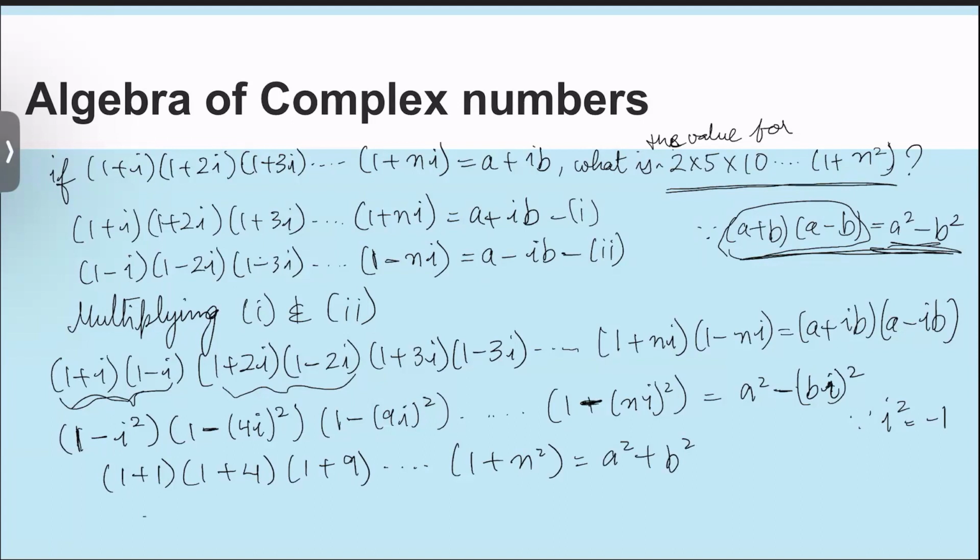Now you can write this in the form that is asked in the question: 2 multiplied by 5 multiplied by 10 multiplied by 1 plus n square is equal to A square plus B square. So this is the answer. This is how the multiplication of complex numbers can be used.